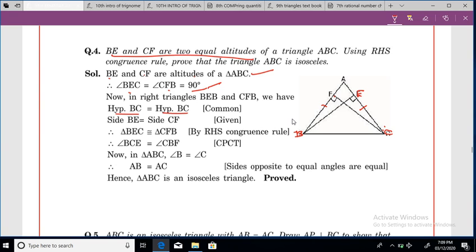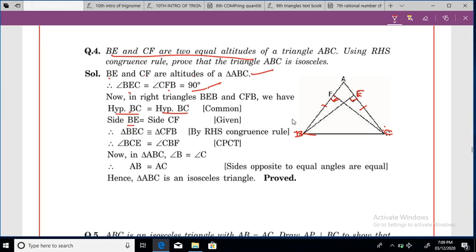Hypotenuse BC is common. Yes. So if it is 90 degrees, opposite to this is BC. It becomes hypotenuse. And this also is a right angle. Opposite to this is BC. This also hypotenuse. So in both the triangles BC hypotenuse becomes common and it is equal to both the triangles.